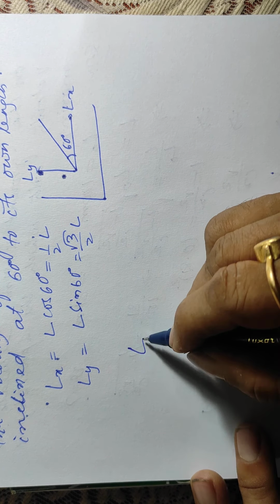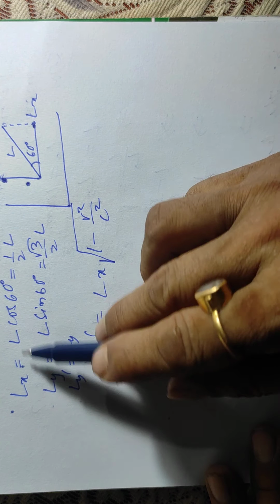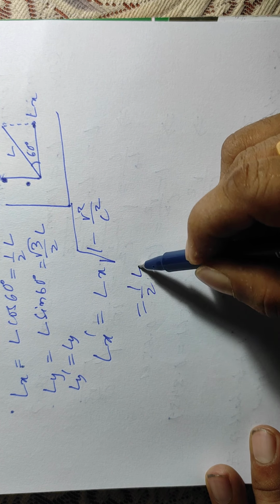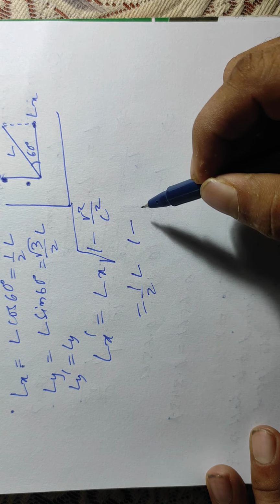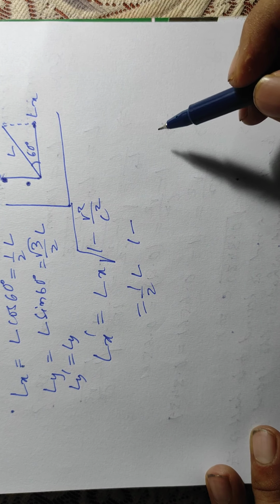Clear? And here Lx is equal to half L. Lx dash equal to half L into square root of 1 minus v square by c square, and it is given that 0.8 times the velocity of light.